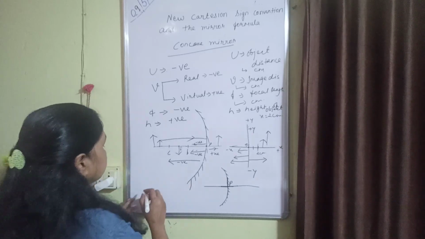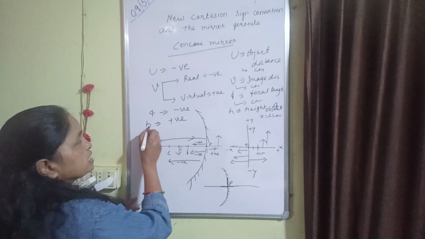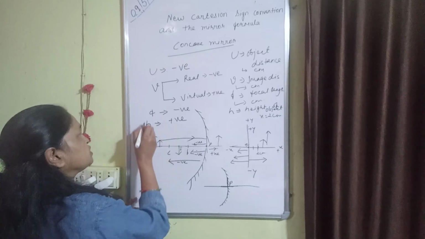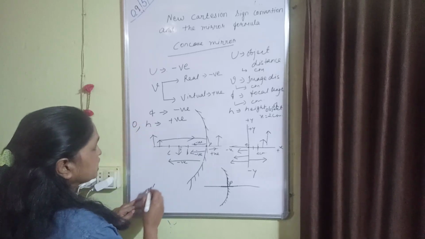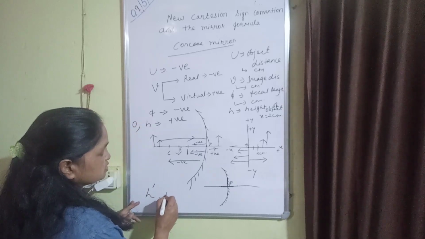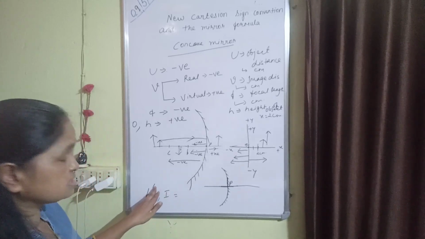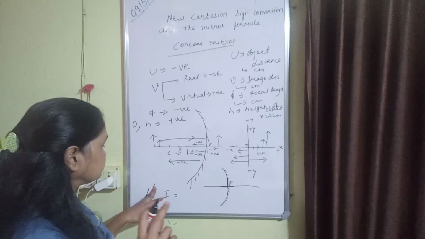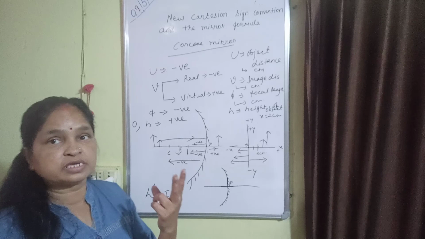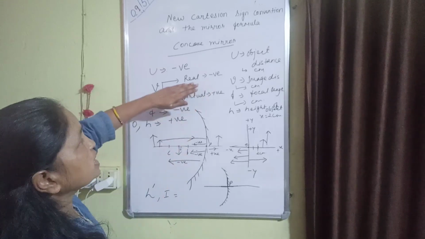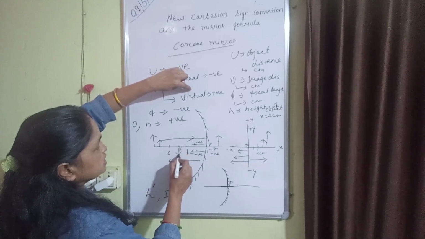Then one more thing you will come across, h dash. The size or height of the object you can write as h, or even o, no problem. For h dash, or somewhere in the book you will find it written as I, no problem. So h dash means the height or size of the image. Again two cases arise. For a real image, it is always inverted, downwards.